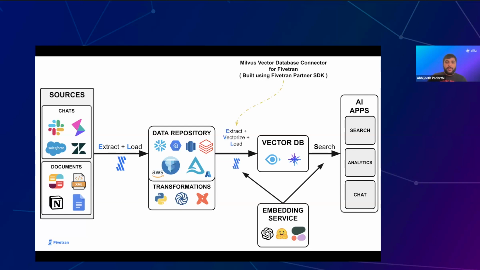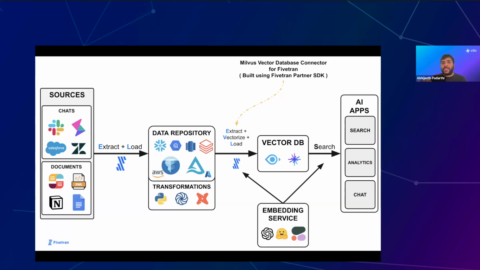Luckily for us, we have the destination connector now, built using the partner SDK, that automatically extracts the data from the data repository, vectorizes it in flight, and then puts it into the vector database, Milvus or hosted Milvus on Zilliz. It puts it automatically.